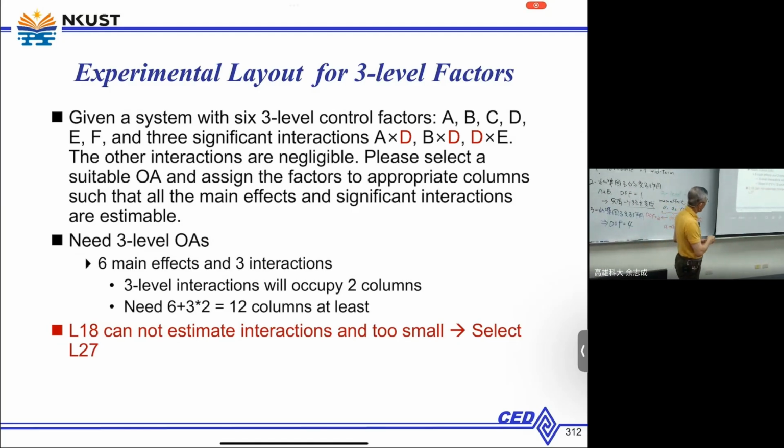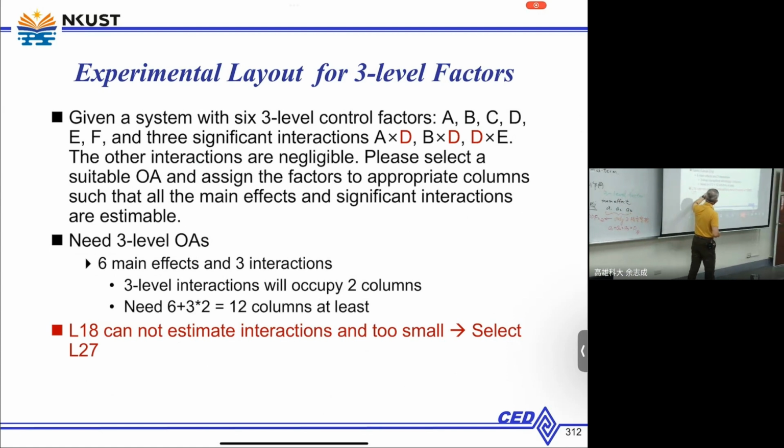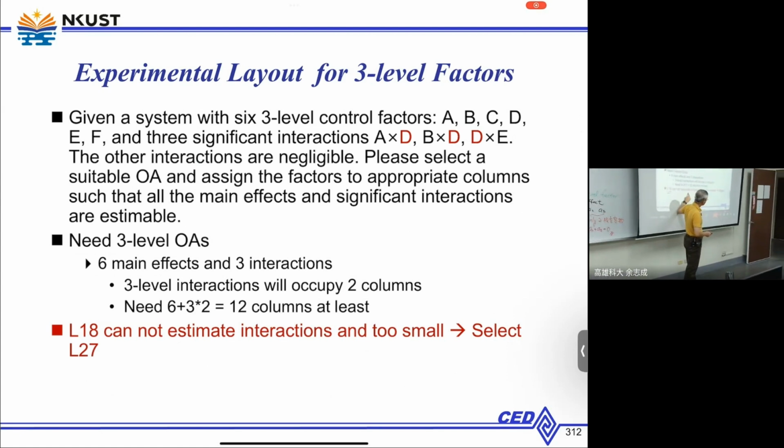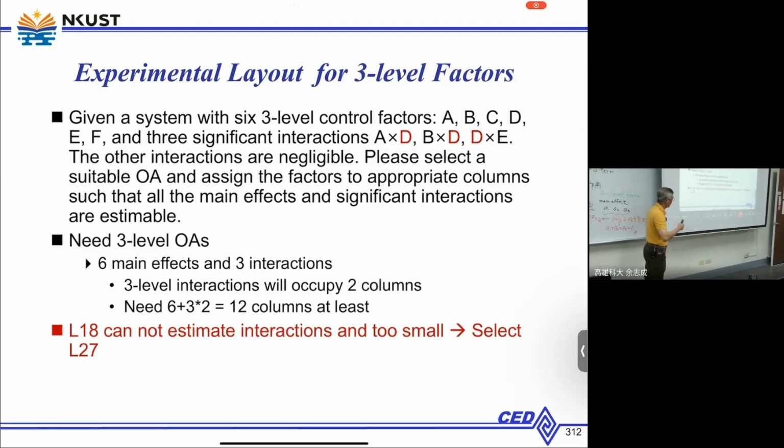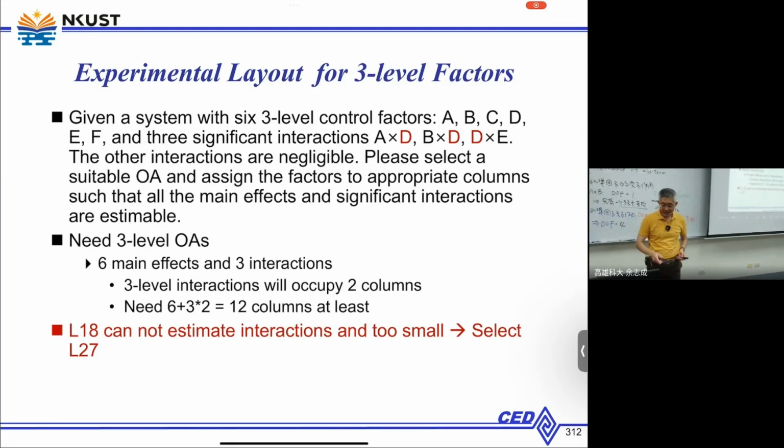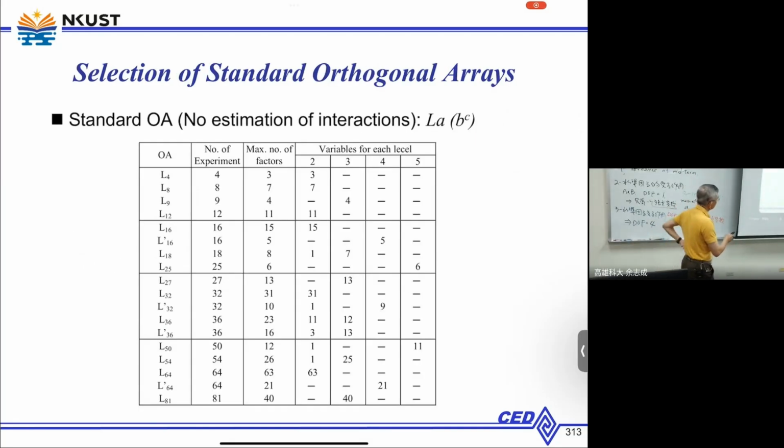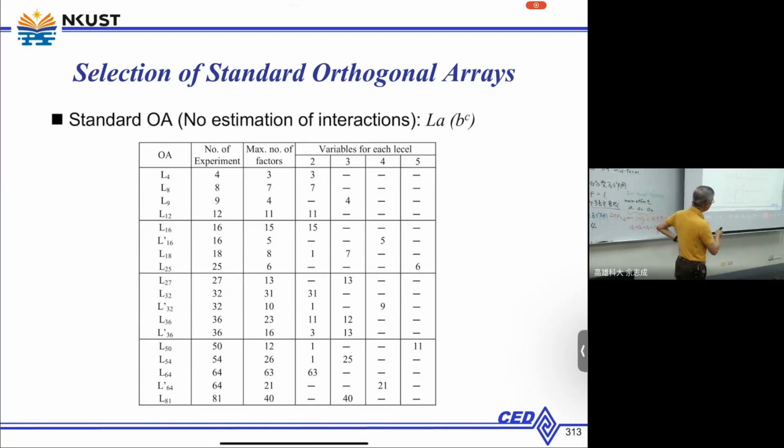You can see L27 is okay. L18 is not enough, not just not enough, but also L18 cannot estimate interactions and is also too small, right? L9 only has 4 columns. Three level, L18 only 7 columns, but L27 has 13 columns.